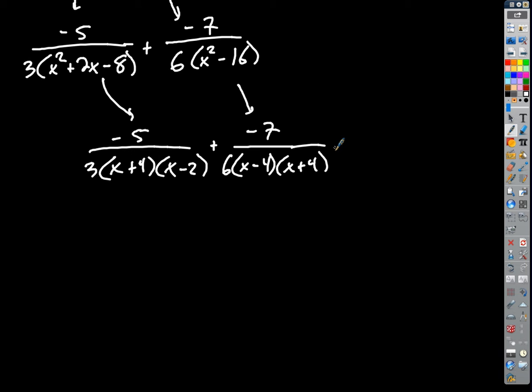Okay, so we got to figure out then what's going to be our least common denominator. So let's look at the numbers first. What's the least common multiple of 3 and 6? 6. Smallest thing that they both divide into, right?